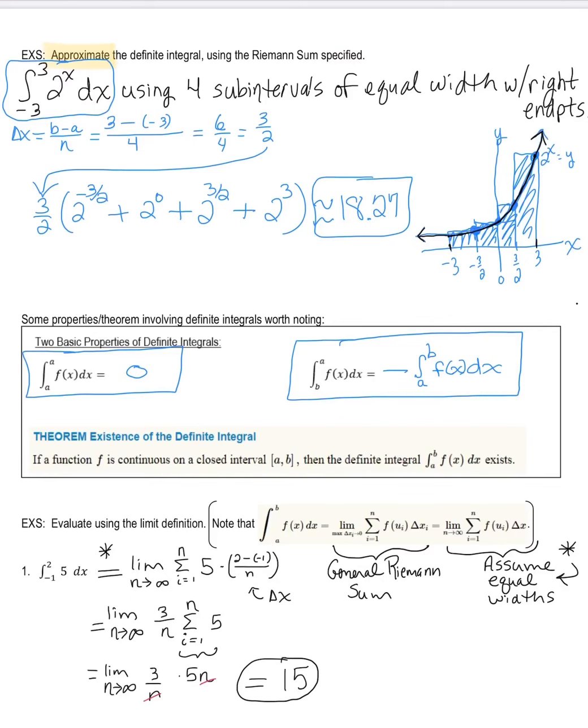Now that kind of makes sense. It definitely makes sense if we think about this really simple graph here. We were going from -1 to 2. The function is just 5, so this is just f of x equals 5. And so when we think about what we get here, in a graph, it's really just a rectangle.